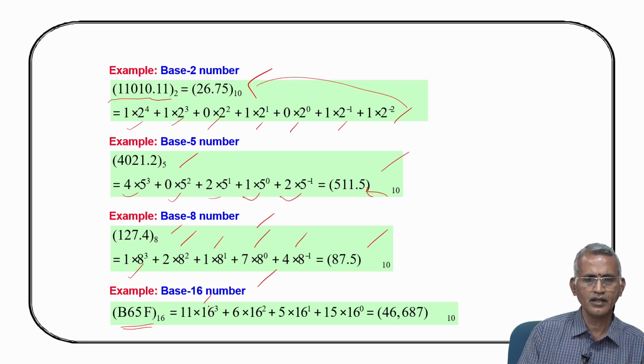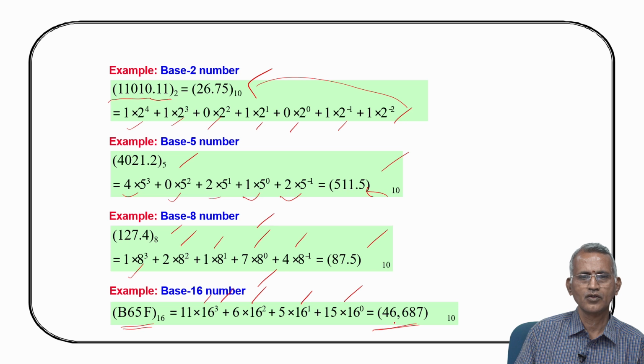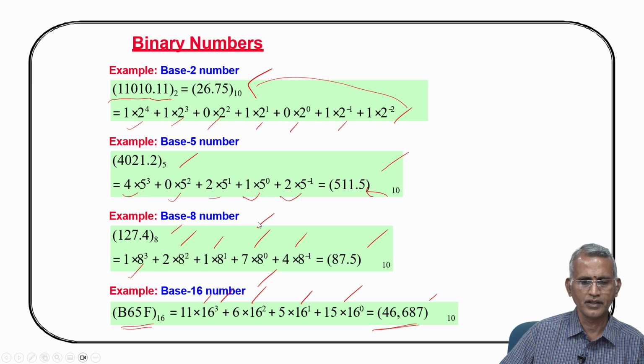So, B is 11 into 16 power 3, and 6 into 16 square, 5 into 16 power 1, 15 into 16 power 0. So, the resultant is 46,687 base 10. This way we can represent numbers in terms of base 2, 5, 8, 16 respectively.